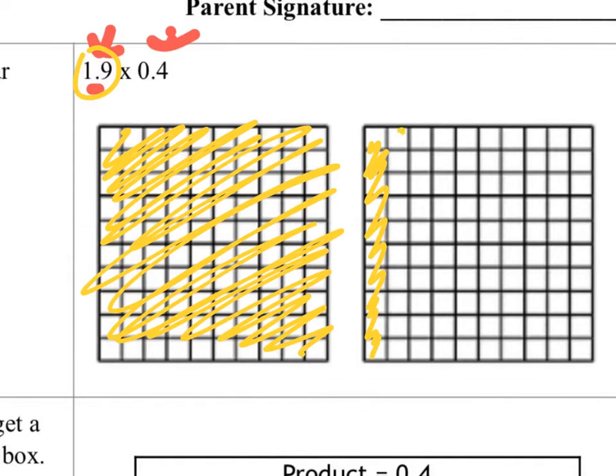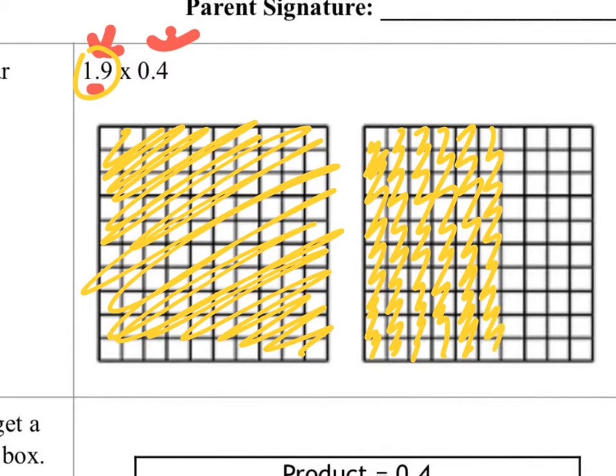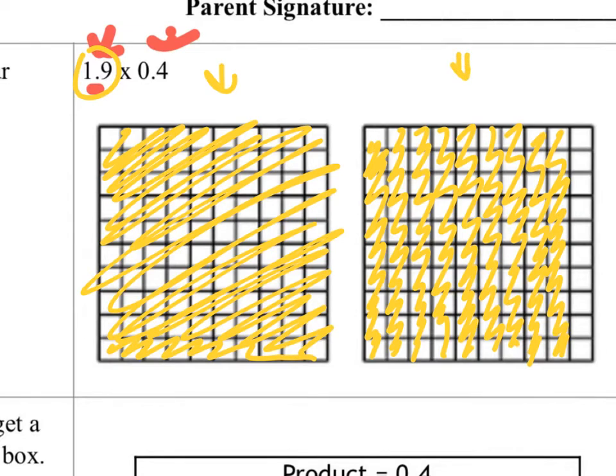That's 1, 2, 3, 4, 5/10, 6/10, 7/10, 8/10, 9/10. So I did the first number, which is 1.9. That's one whole represented on the left side, and then 9/10, or you can say 90 hundredths, on the other side. I am going to switch colors now.